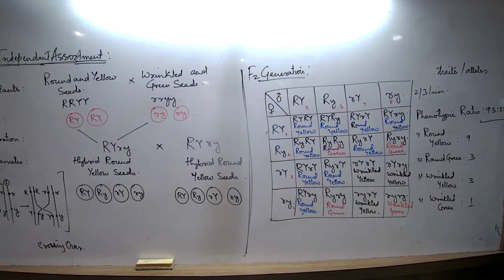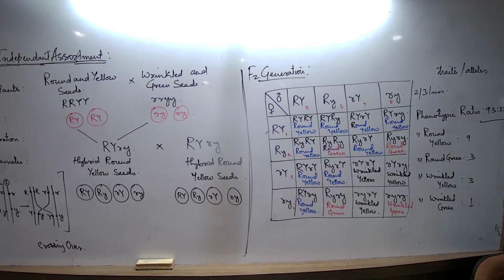In a dihybrid cross, homozygous tall plants with purple flowers are crossed with dwarf plants and white flowers. Full stop.